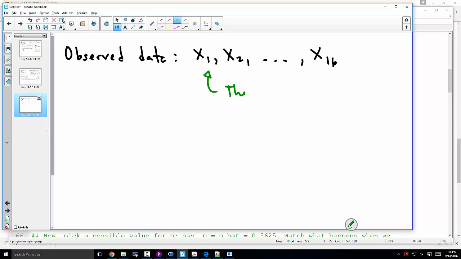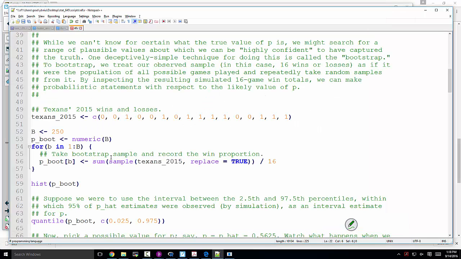These are zeros and ones. So suppose we have, like in the script, I wrote down the actual record. They lost their first game, lost their second game, then they won one, lost, lost, win, lost, and so on. My data.